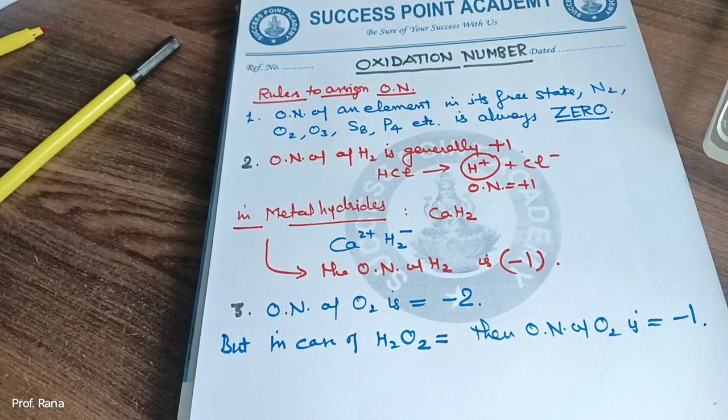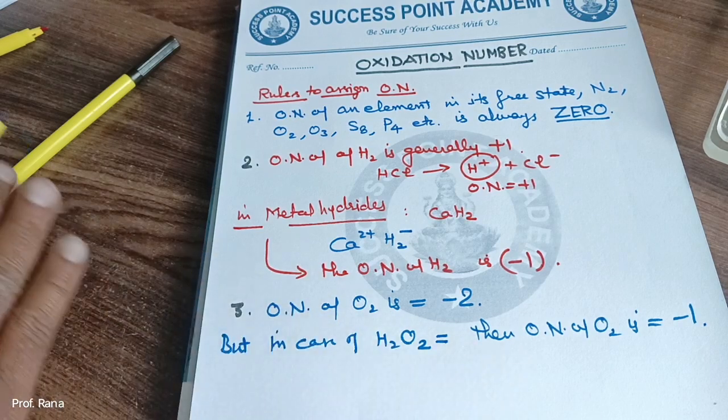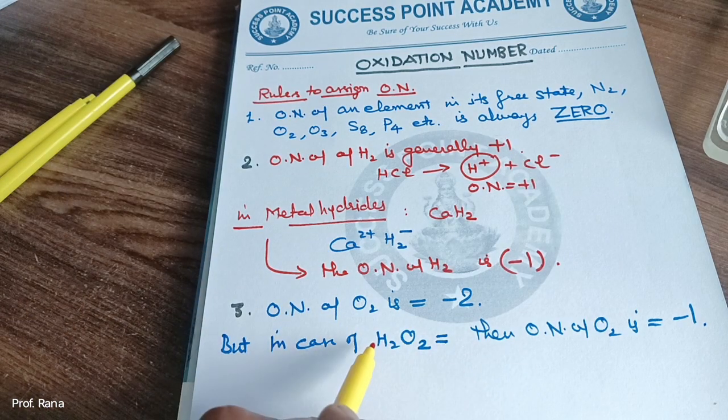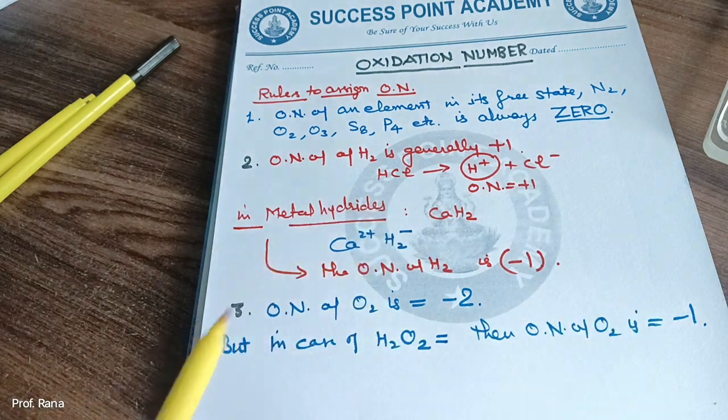This is very important to note, and you can also infer it from here. H2 means 2 positive, and O2 means O negative and O negative. It is not 2 negative, it is only negative. So it is very important.